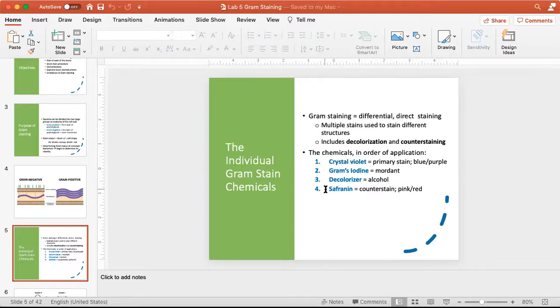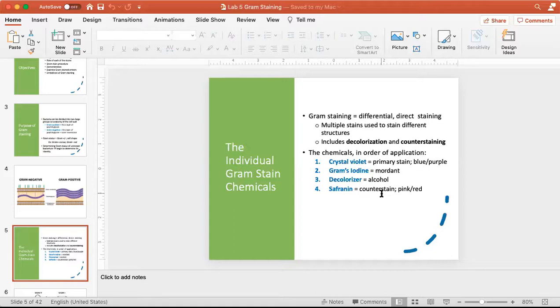And finally, we have another dye, another stain called safranin. You saw some slides in our simple staining lab that showed cells stained with safranin. Safranin turns cells a pinkish red color. Now, in Gram staining, safranin is the counter stain.